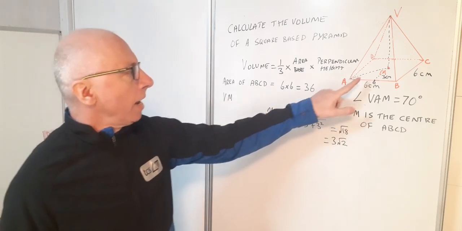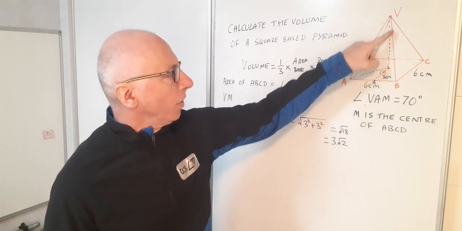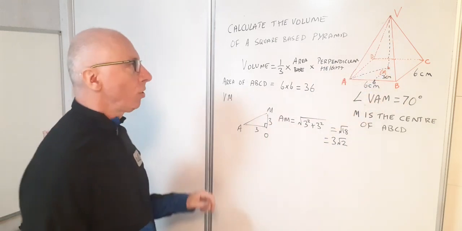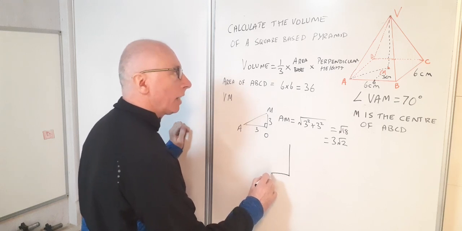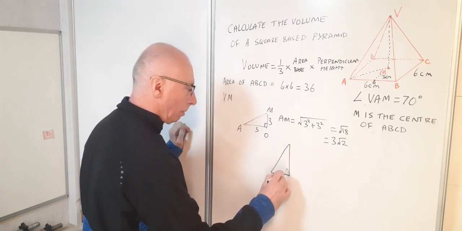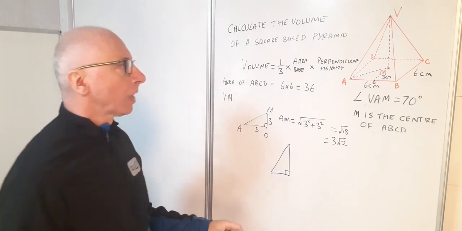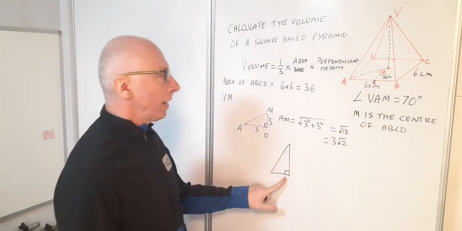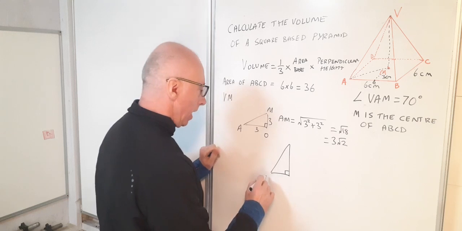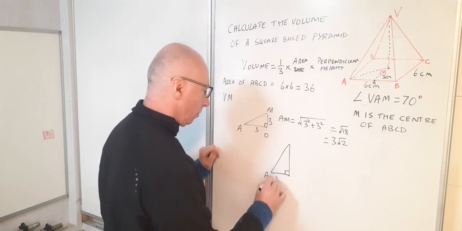Now with AM, we've got a chance to find VM. So let's draw that triangle. VM, and then it goes out to A, and the 2 points are joined by a hypotenuse. As it's perpendicular, we've got a right angle in there, so we can draw that in. This side here, AM, we just calculated to be 3 root 2.